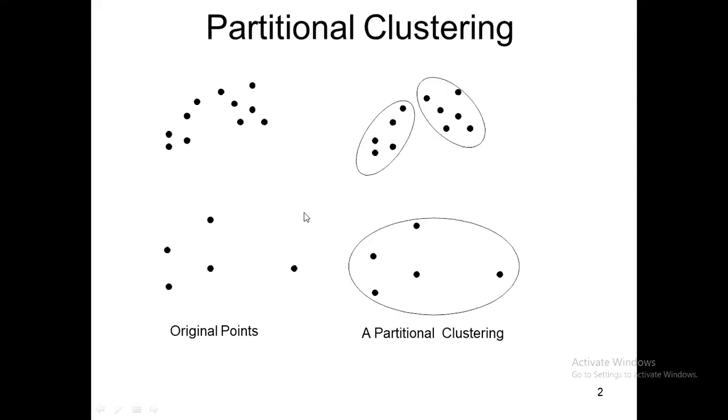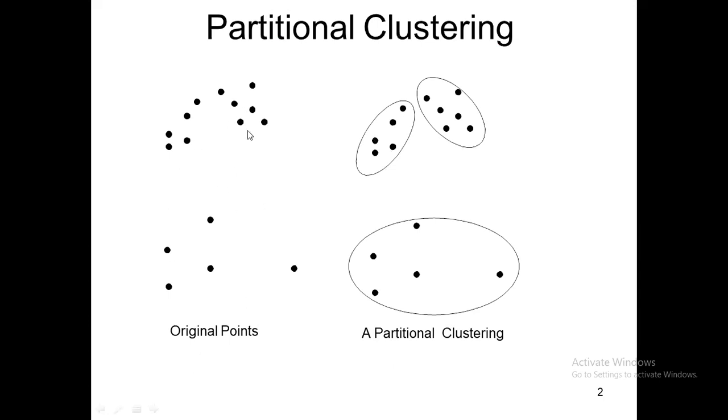Next, the partition clustering. You can see the original points; these are the original data points. We have to create the partition clusters in this way. This is an example of partition clustering. As I already said, partition clustering divides the data into distinct non-overlapping subsets.